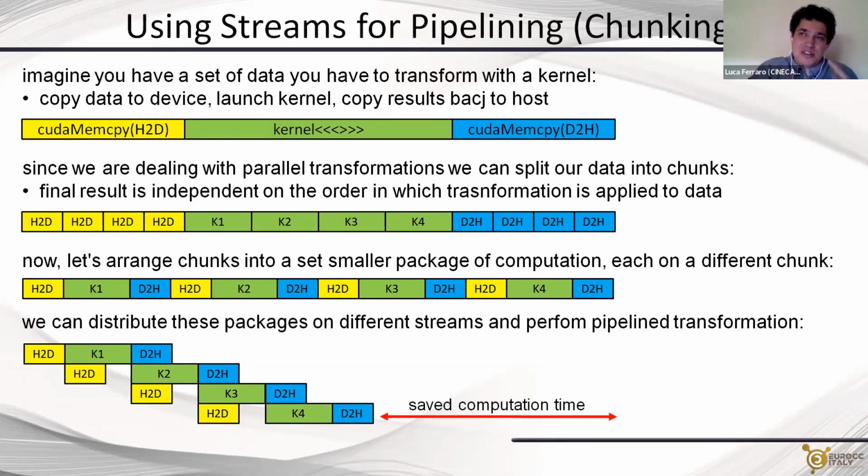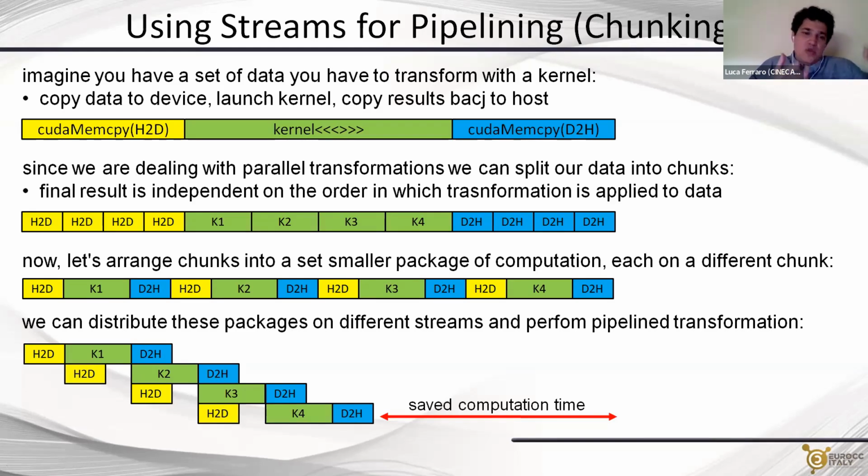But while kernel 2 on stream 2 is executing, transforming its data, the bus is now free. So stream 3 can take its third chunk of data and put it on the device with a host to device transfer, and stream 1 has the other side of the communication free, so it can begin a device to host transfer.